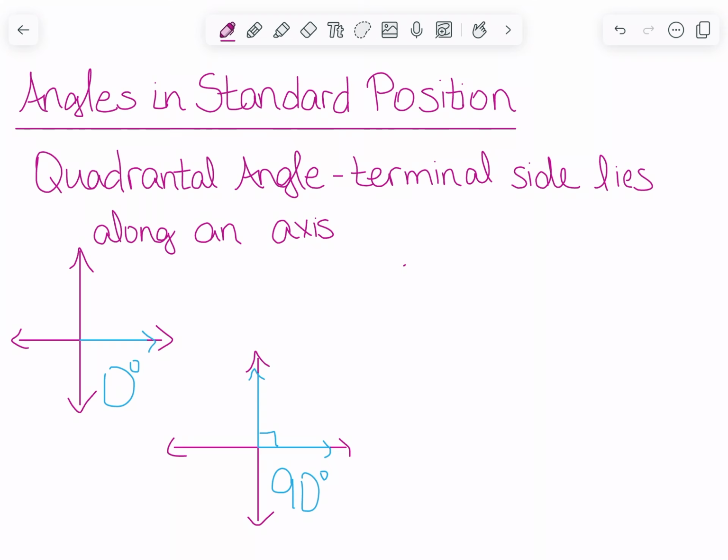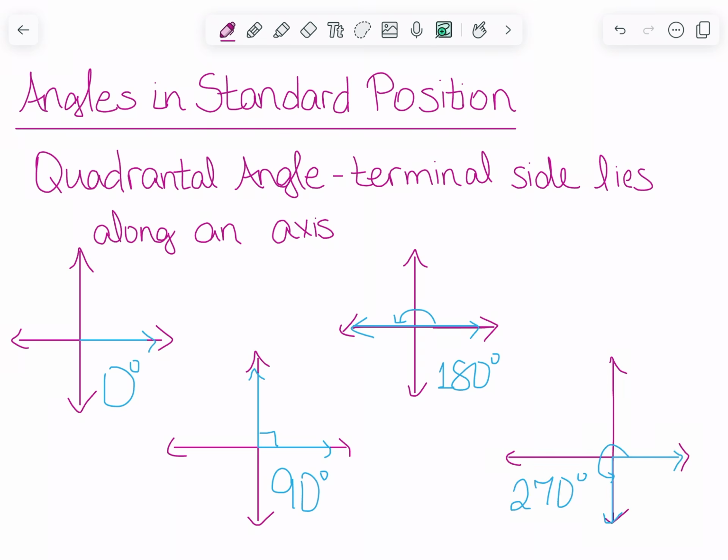The next is a 90-degree angle. This time the terminal side lies along the positive y-axis. Next, we have 180 degrees. This time the terminal side lies along the negative x-axis. And finally, we have 270 degrees. This time the terminal side lies along the negative y-axis.